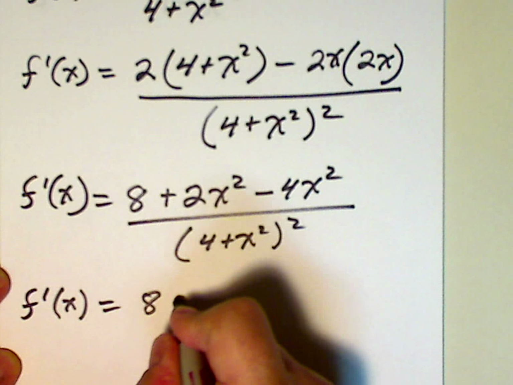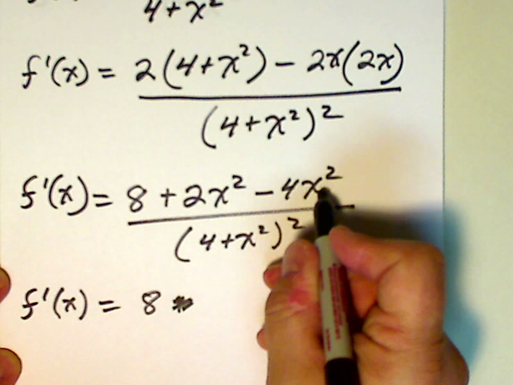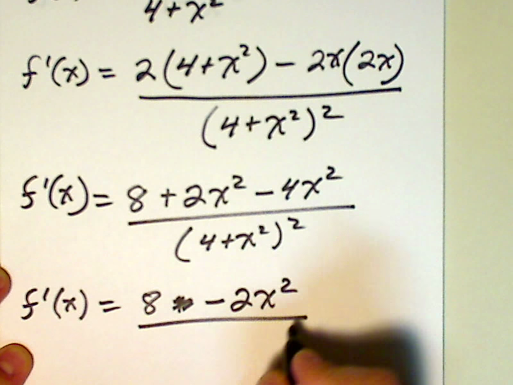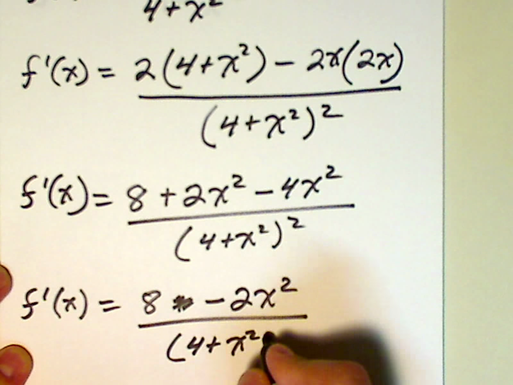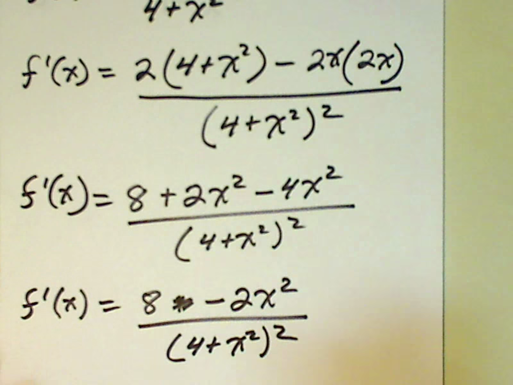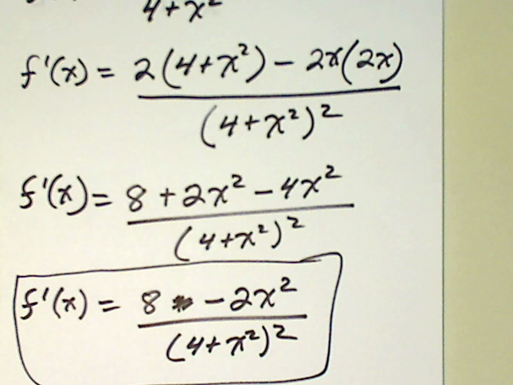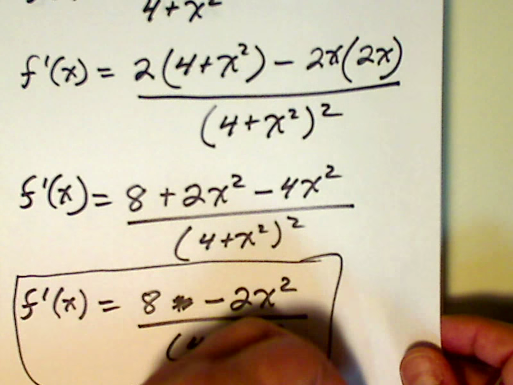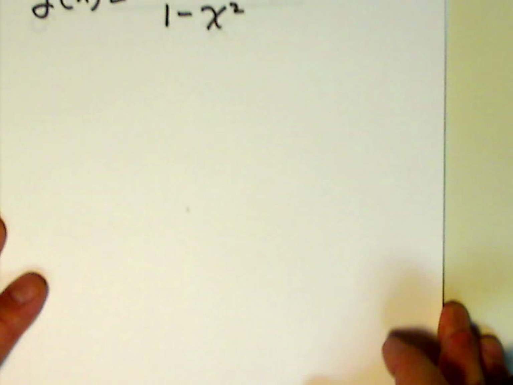We have 8 plus, well, 2x squared minus 4x squared is minus 2x squared, divided by 4 plus x squared squared. So this one's finished. That takes care of this derivative. Let's move on to the next one.